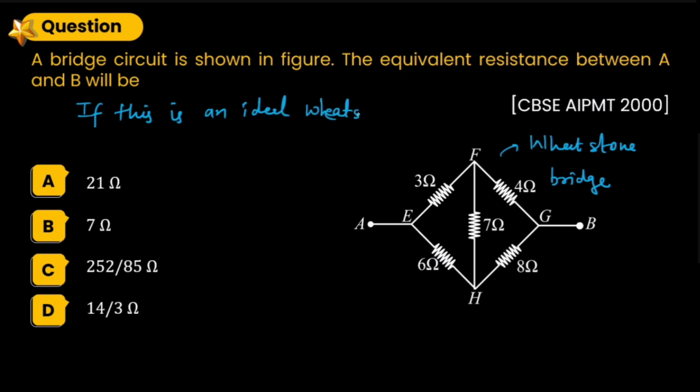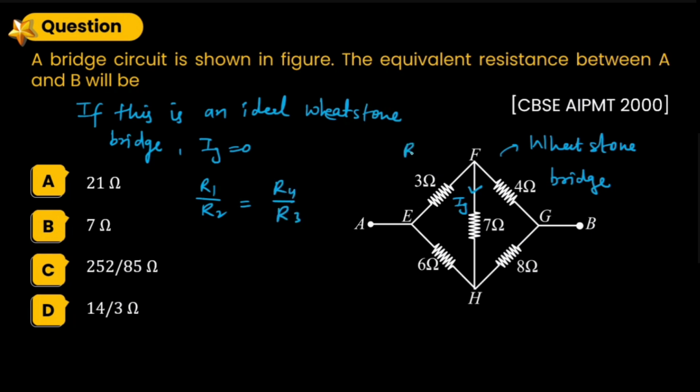In an ideal Wheatstone bridge, current through the middle wire is zero. So let us see if it is ideal or not. What is the condition of ideal Wheatstone bridge? R1 by R2 must be equal to R4 by R3.